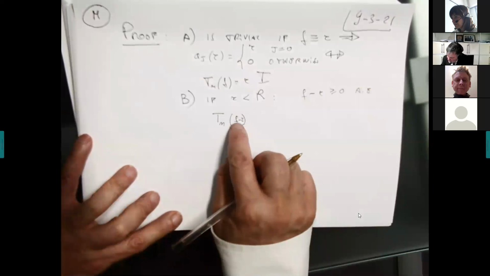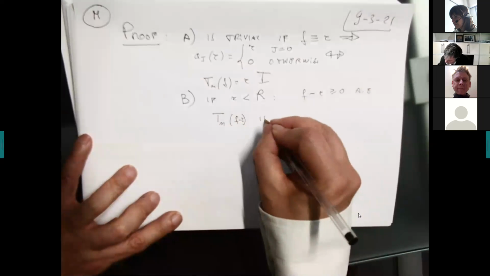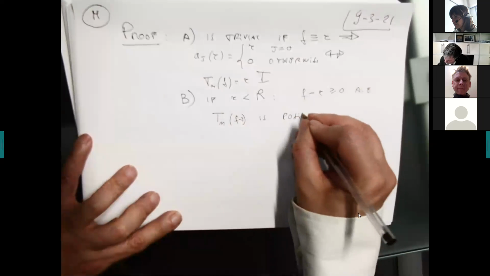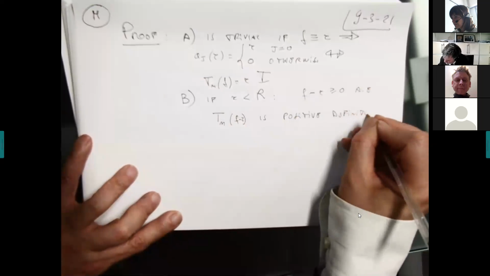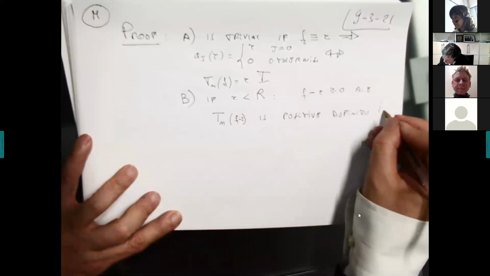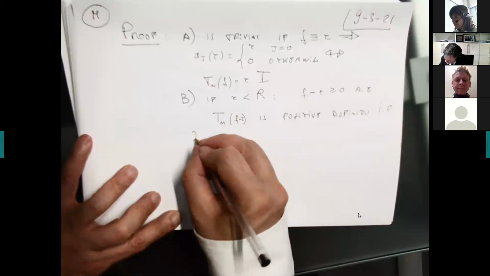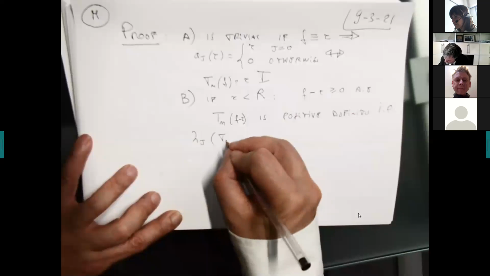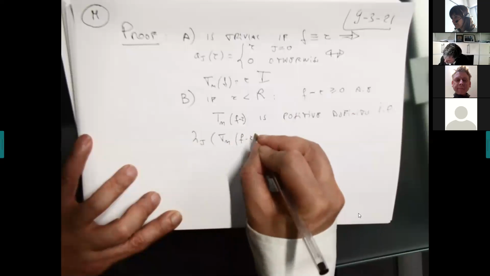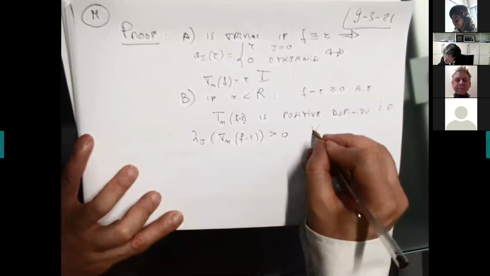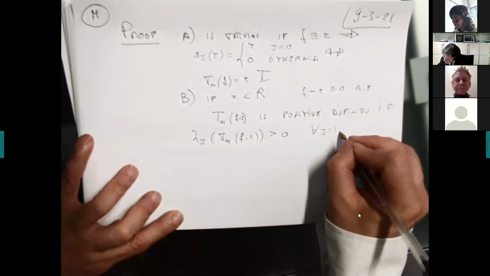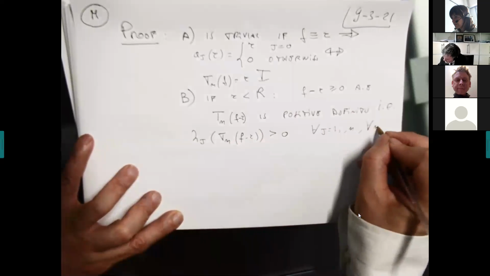Then T_n(f minus r) is positive definite, which is equivalent to saying that lambda_j of T_n(f minus r) are strictly positive. Okay? For any j from 1 to n, for any n.